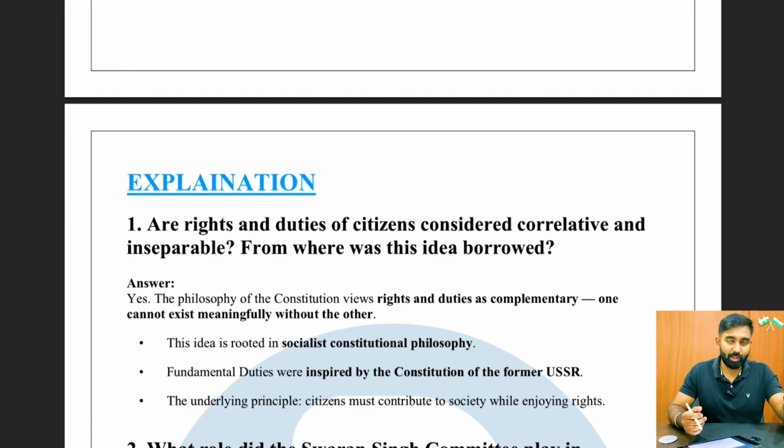And hence, the initial Constitution lacked it. The initial Constitution did not have fundamental duties in the first place. Rather, over a period of many years, they got added through an amendment. So you have to think about what was the need to add the fundamental duties later, and why the Constitution makers thought it was not required. Of course, that is where the philosophical part kicks in.